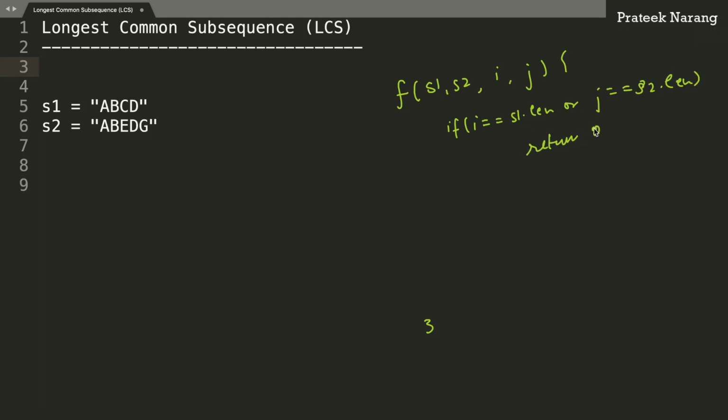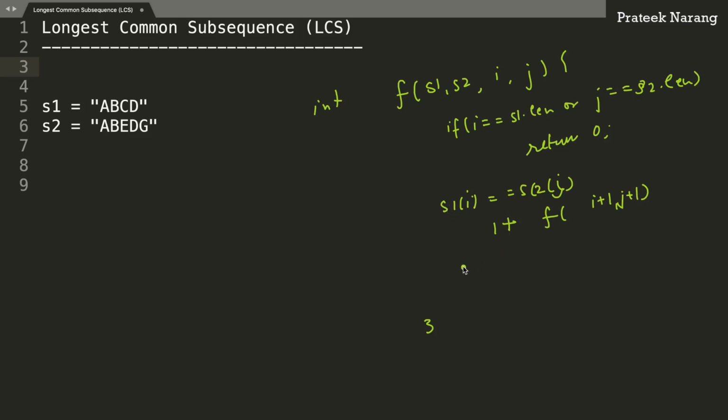As of now we are just computing the length, right? Otherwise, you need to check if s1 of i is equal to s2 of j, right? If this is the case, then your answer would be 1 plus the remaining sub problem. So in the remaining sub problem you will have i plus 1 and j plus 1.